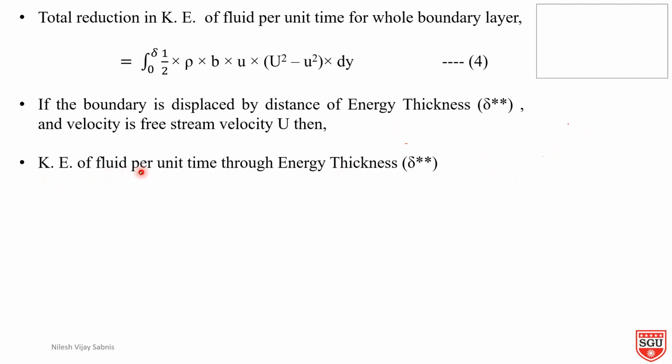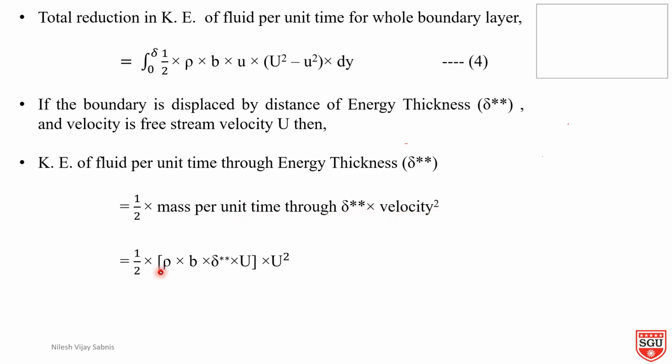So the kinetic energy of fluid per unit time through the energy thickness will be 1/2 mass per unit time through delta double star multiplied by velocity squared. So as I said previously, rho b delta double star, where delta double star is the height, b is the width, multiplied by the velocity, times U squared, that is the total velocity. So 1/2 rho b delta double star U cubed is the fifth equation.